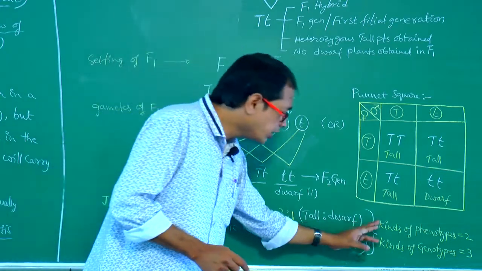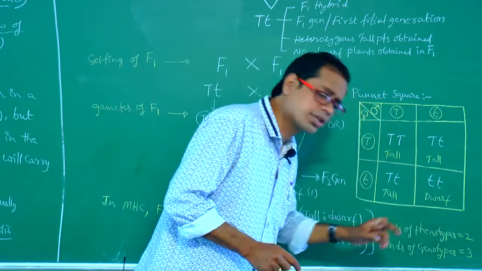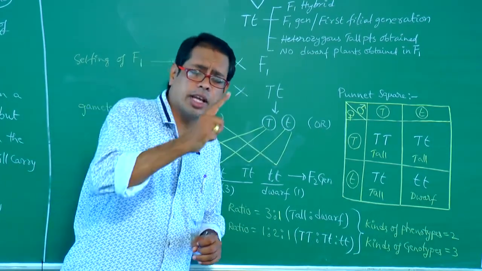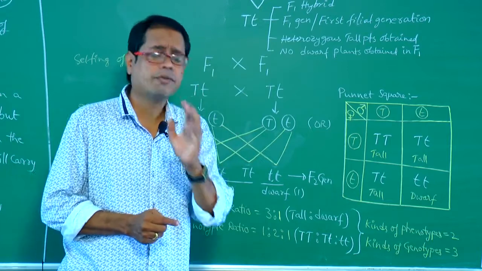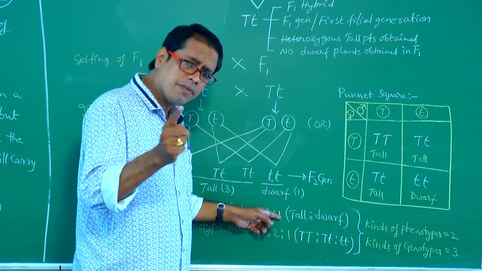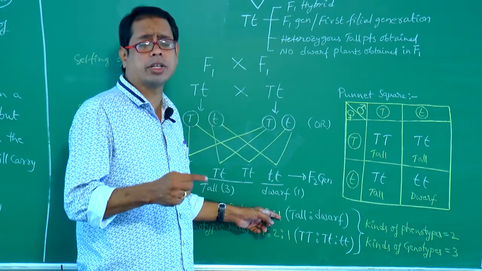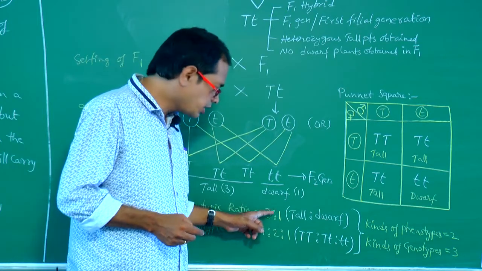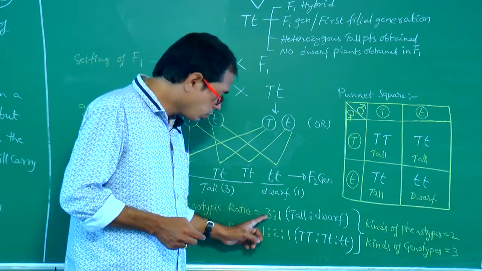And see, number of kinds of phenotypes in F2 monohybrid cross. Kinds of phenotypes means we have to take the phenotypic ratio. This is one kind, this is another kind. How many kinds? 2 kinds.